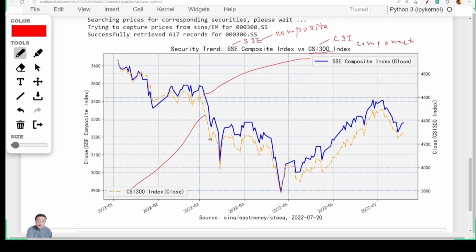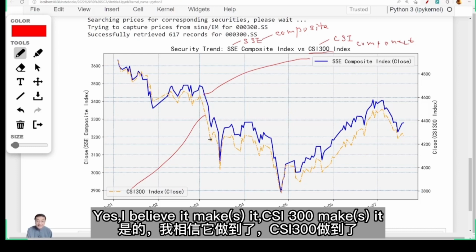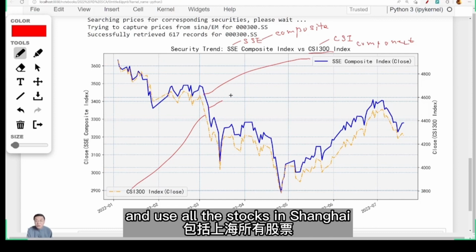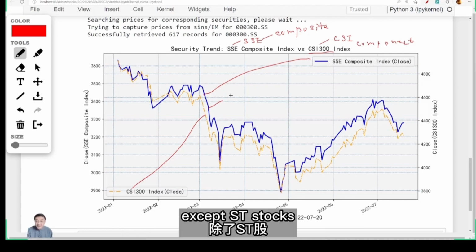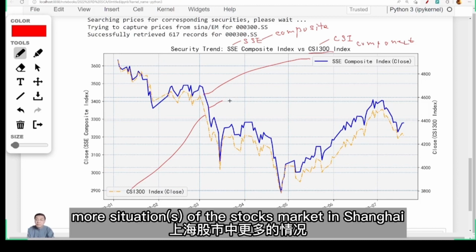Right? Do they make it? Yes, I believe CSI 300 makes it. Why? Because the SSE composite index uses all the stocks in Shanghai except ST stocks, so it can cover more of the stock market situation in Shanghai.